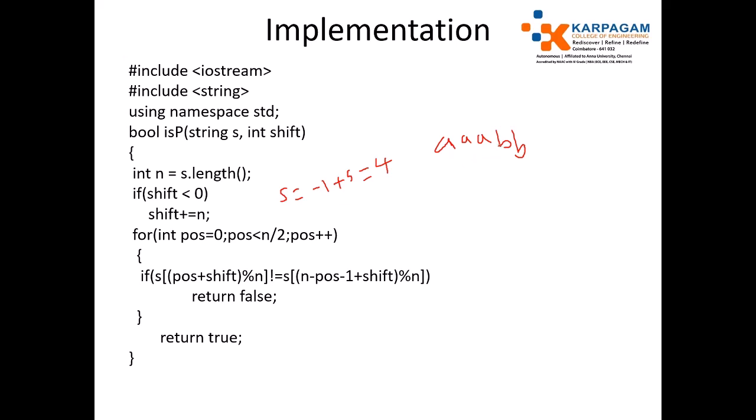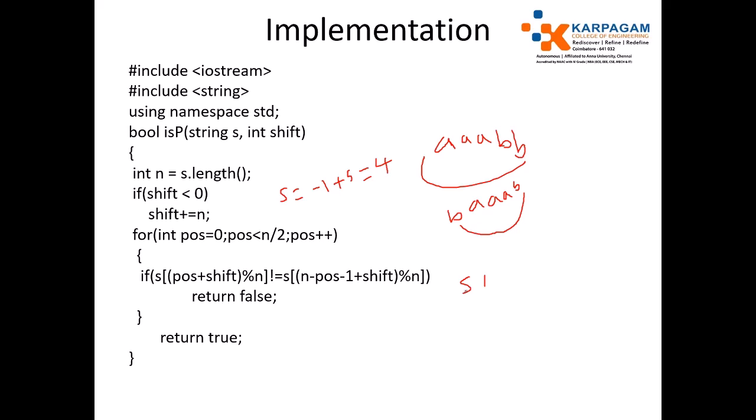You take the last character to the first position, and you are getting B, E, A, B, and we are checking after shifting by comparing the first character with the last character. How is it possible? For example, you have made one shift, so you start with shift 0, then shift is 1. One remainder n is 1.